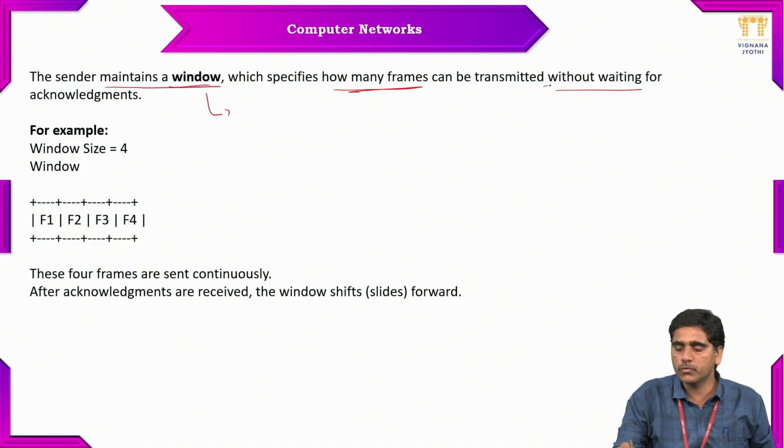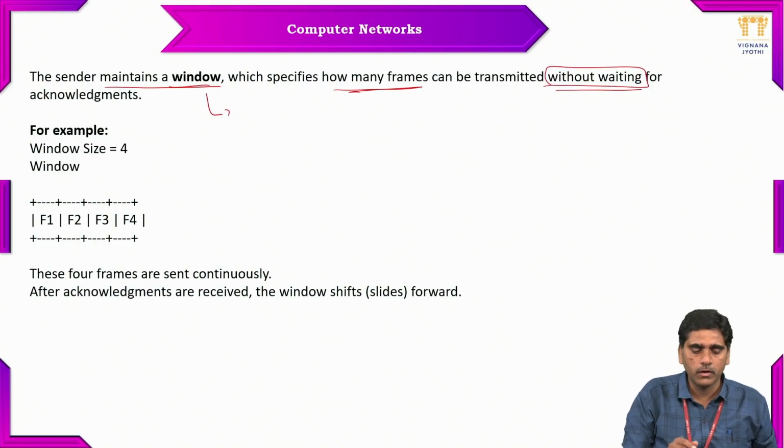So the term is without waiting for an acknowledgement: he does not bother about the acknowledgement and directly transmits a number of frames. The number of frames may be more than one, right? After sending all the frames, the receiver sends an acknowledgement.